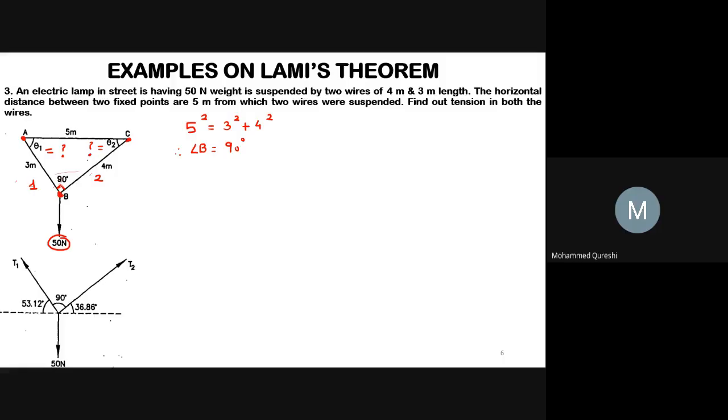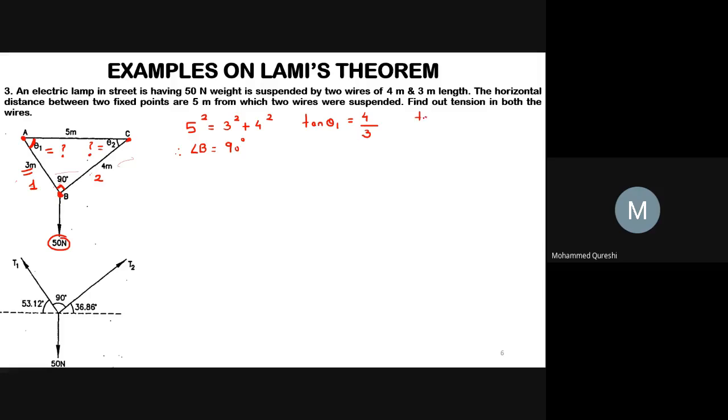Now, we will go for tan theta 1 and tan theta 2. So, tan theta 1, we are going for this theta 1. Tan theta will be opposite, that is 4, upon adjacent, that is 3. So, tan theta 1 equals 4 by 3.